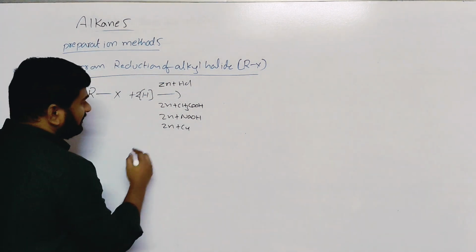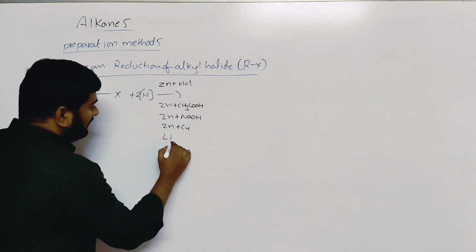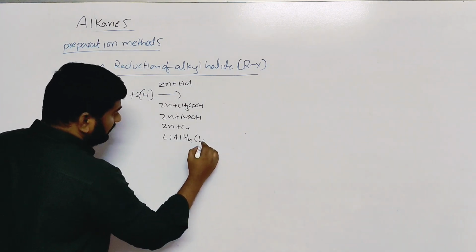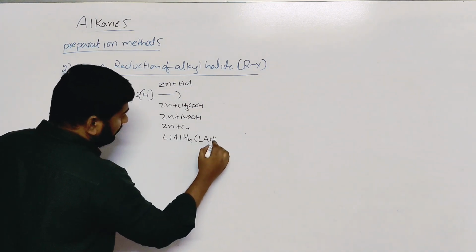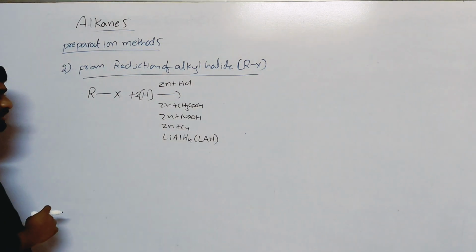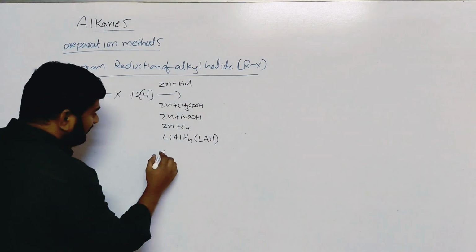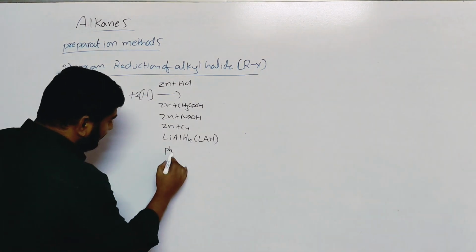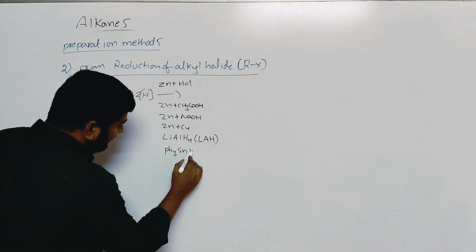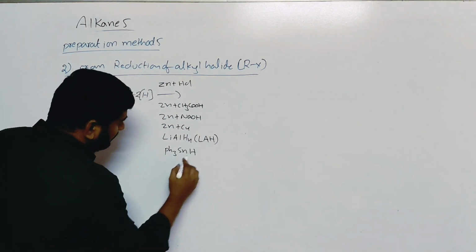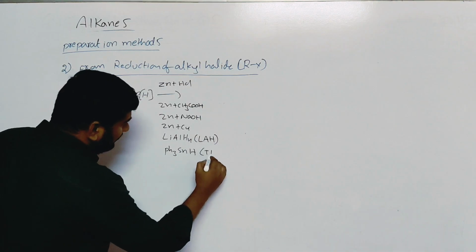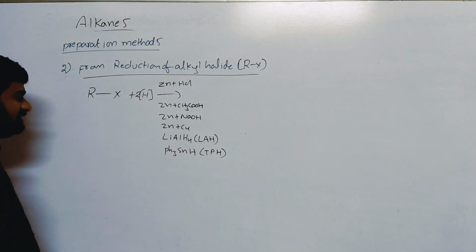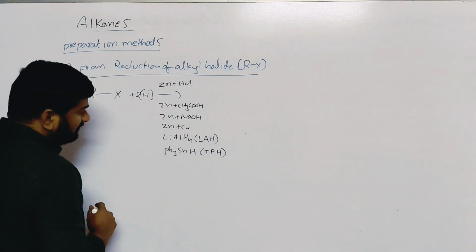Along with these, LiAlH4, lithium aluminum hydride. And next one, triphenyl tin hydride. This also will give the alkanes from the alkyl halides.